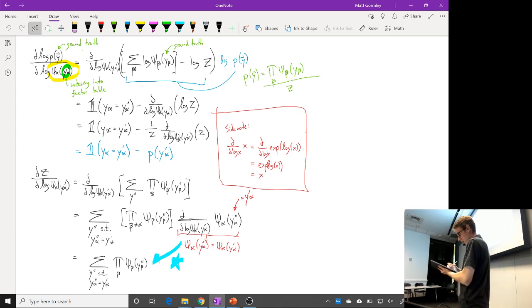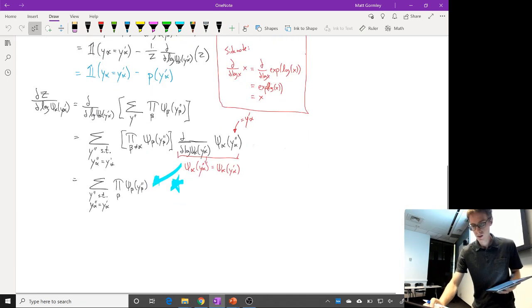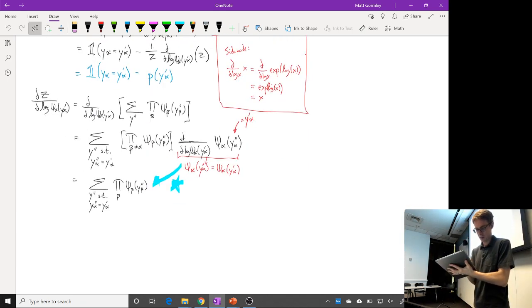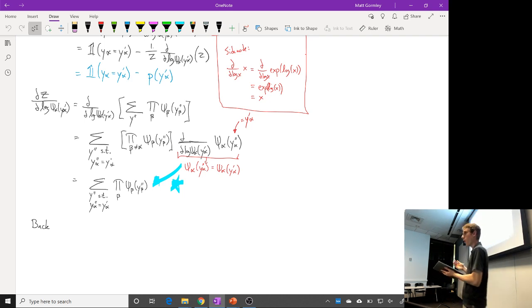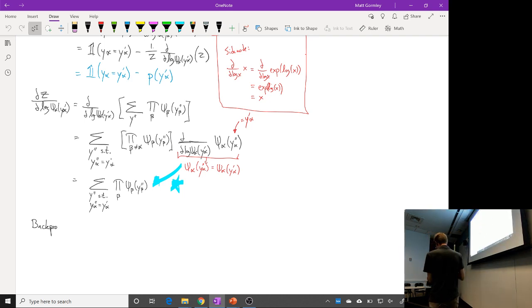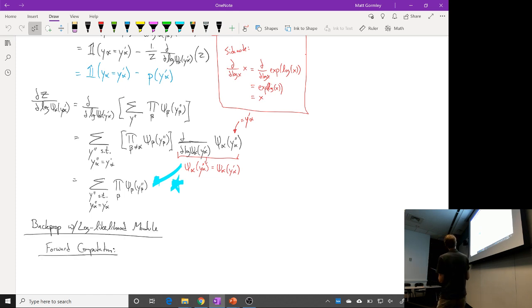Okay? So to run backpropagation with, say, a log likelihood module, all we need are two things. We need to know how to do the forward computation. So the forward computation is just going to be the actual computation of log of p of y, right?